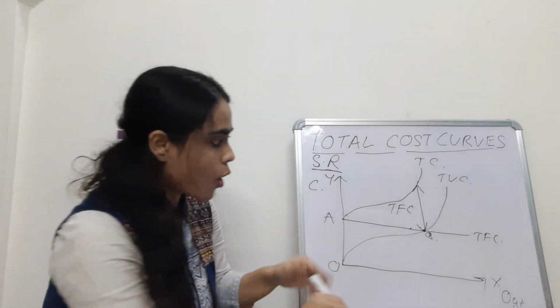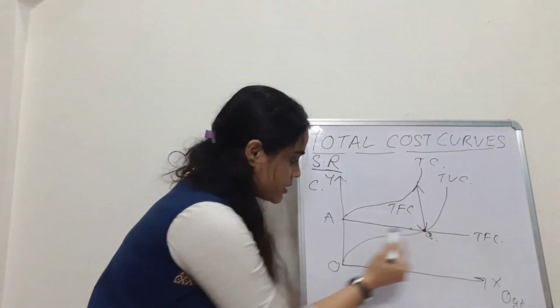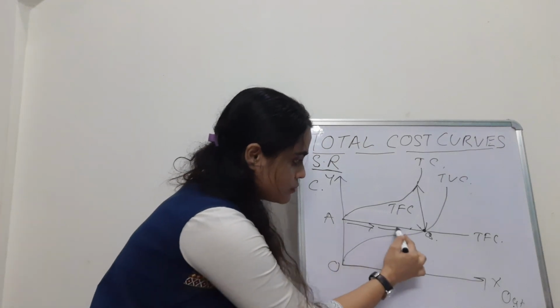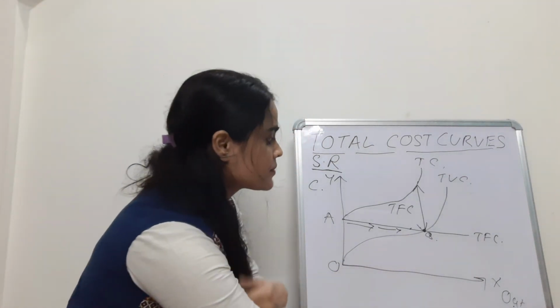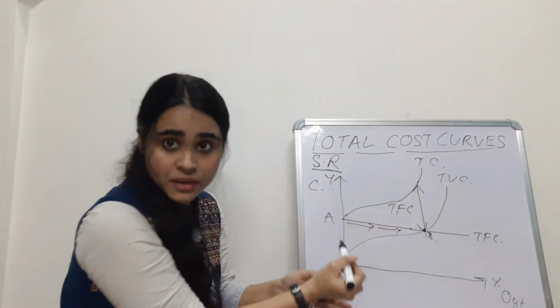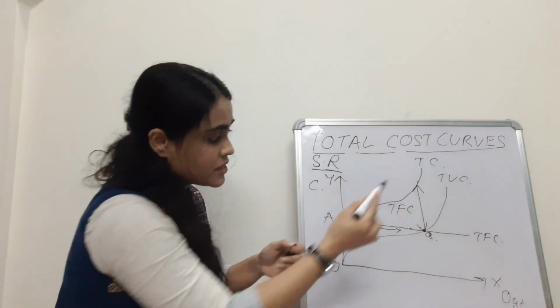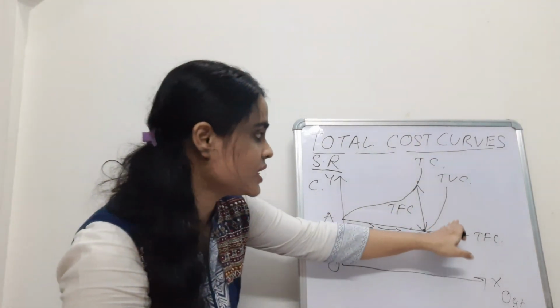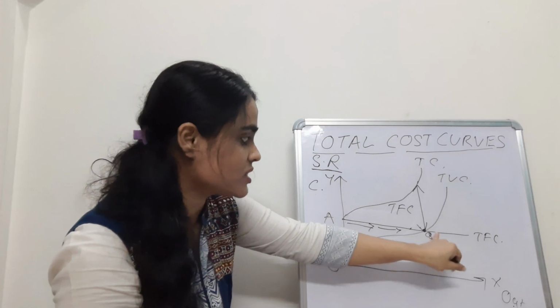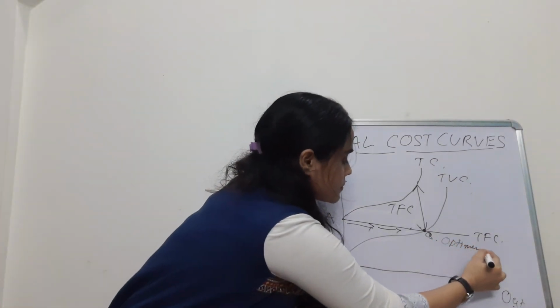Okay, this is the optimum level of production, where we are using the fixed cost, with increasing returns in total variable cost, and after that the total variable cost keeps increasing, and we have fully utilized the fixed cost up to this point. This is the optimum production point.